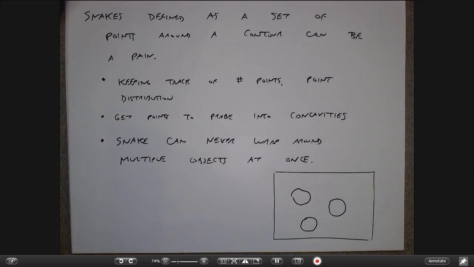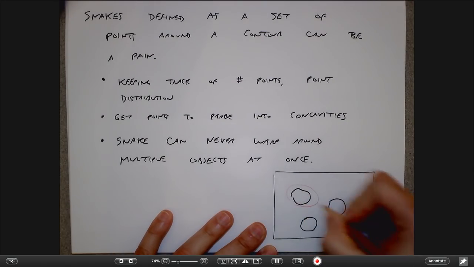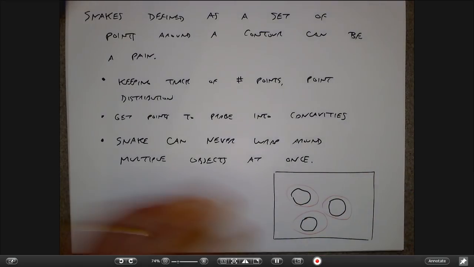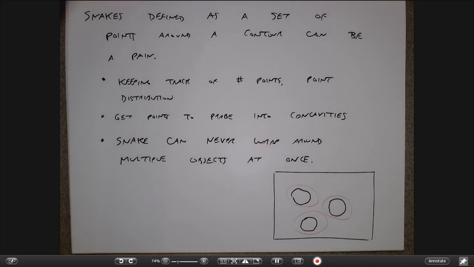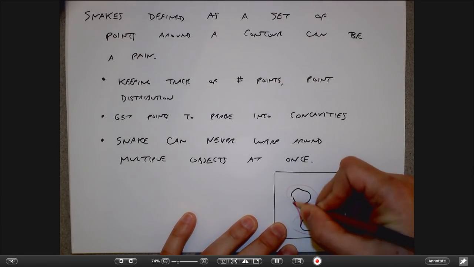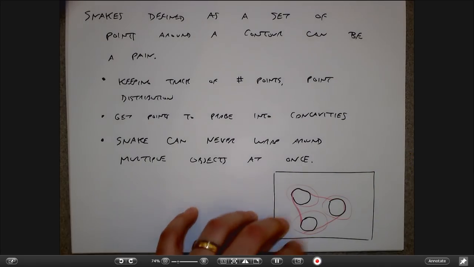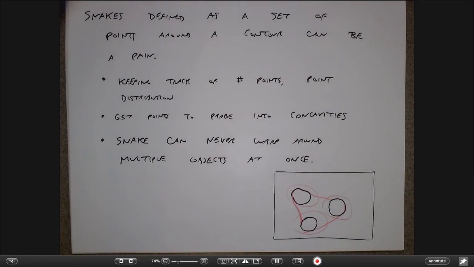Seems like I should be able to do this, but I'd have to initialize a bunch of contours and let each of them shrink down by themselves, which could be a pain. I have to figure out how many I need. If I use a single snake, the best I could hope for would probably be something that would snap around the outer boundary of the objects, but there's no way it could get these objects to be separated.